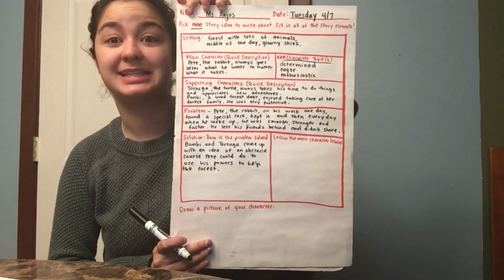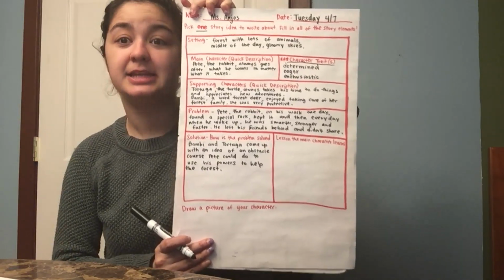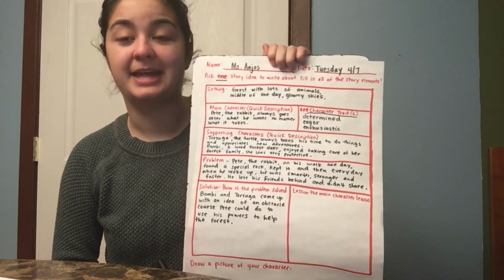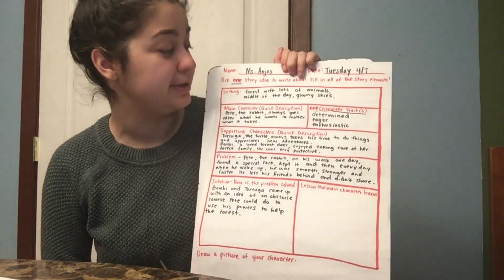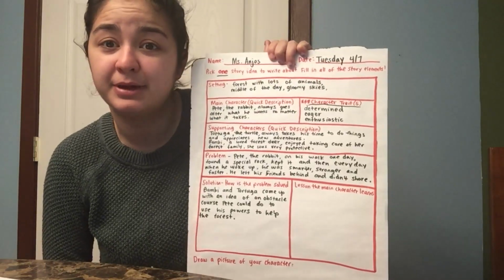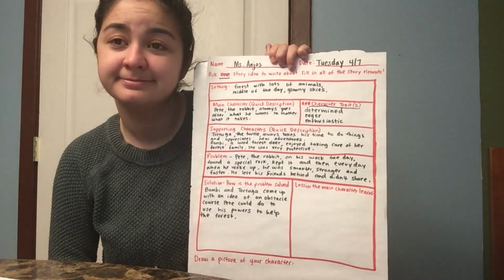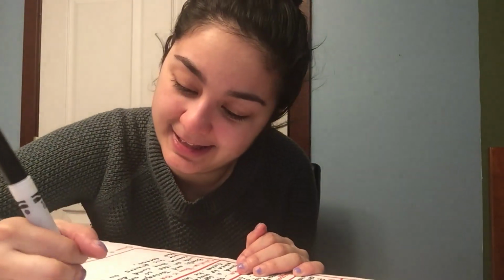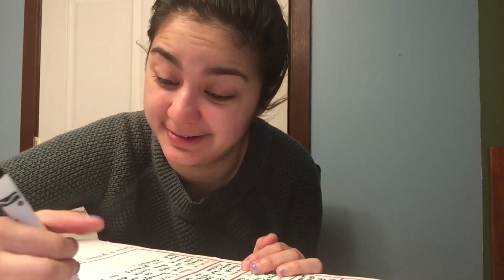Which leads us to our last box. Our last box is the lesson the main character learns. Now, if you don't share your powers, and then your friends help you think of a way where you can share them to help the world, what does that teach you? Okay, that it's always good to share, and we can use our power for good.